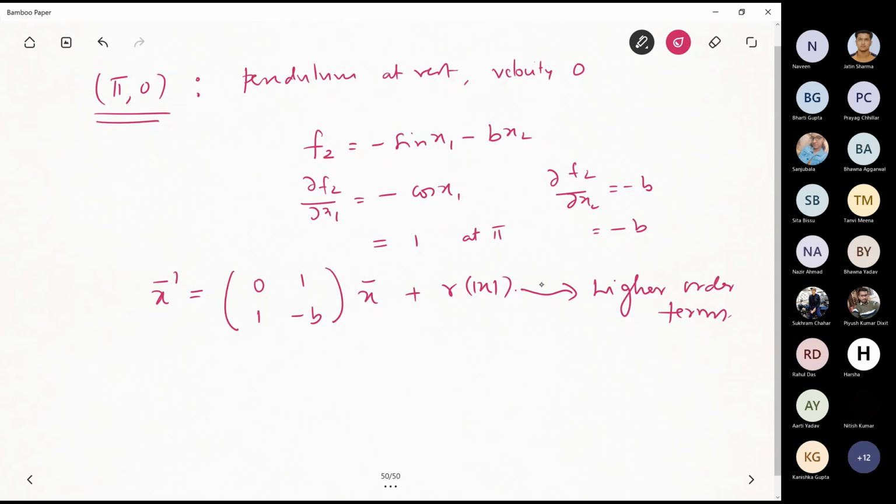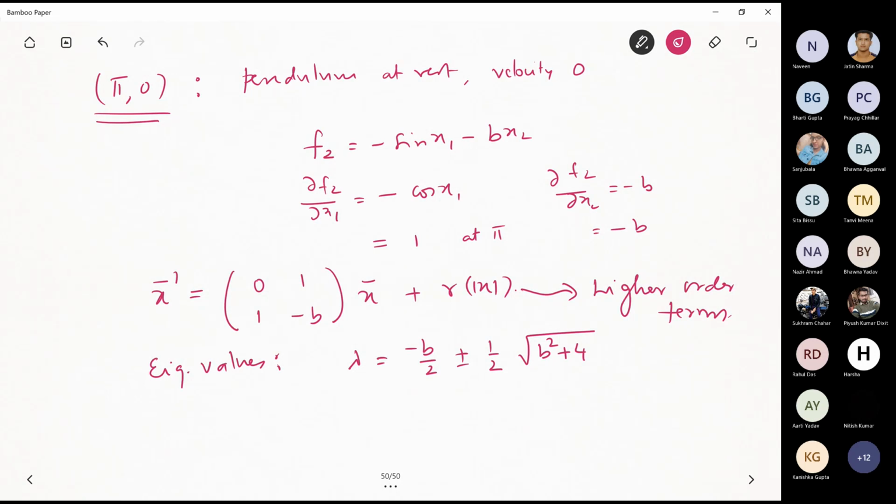So now you look at the eigenvalues. Eigenvalues are going to be lambda equals minus b by 2 plus minus. It's the same computation, but you have 1 in place of minus 1. Therefore, you get plus 1, so b square plus 4.